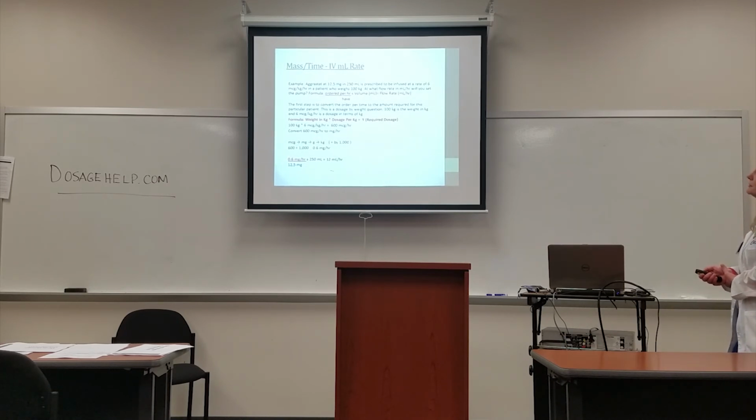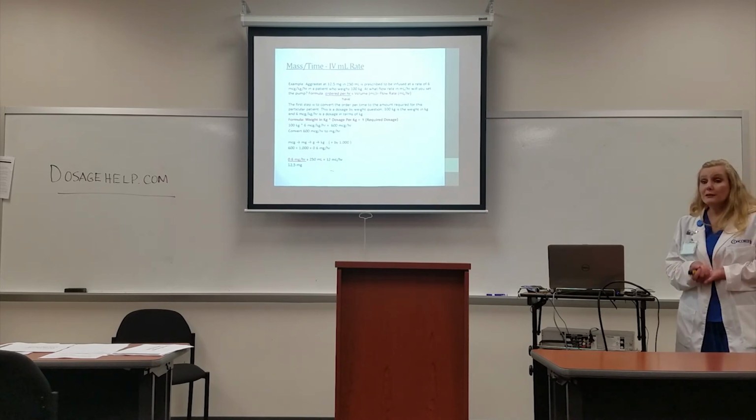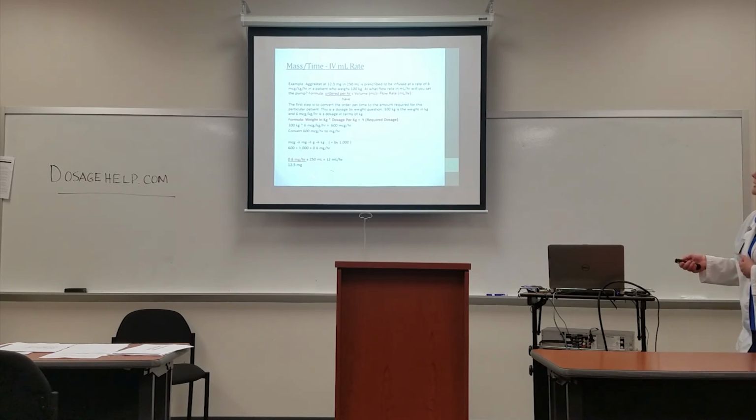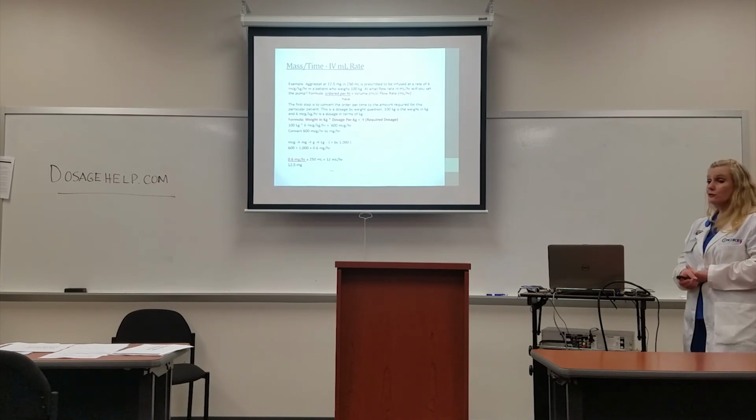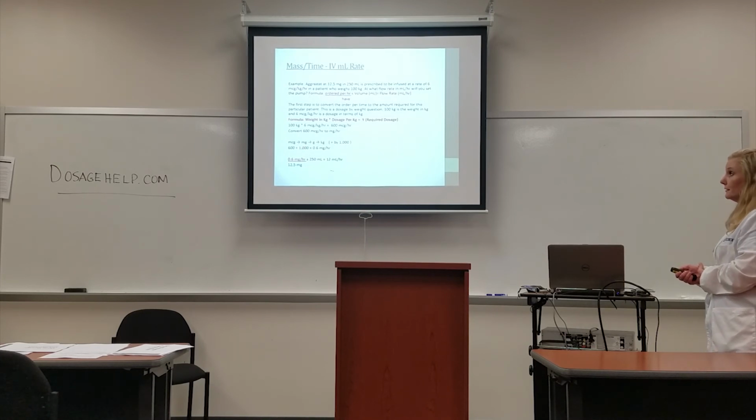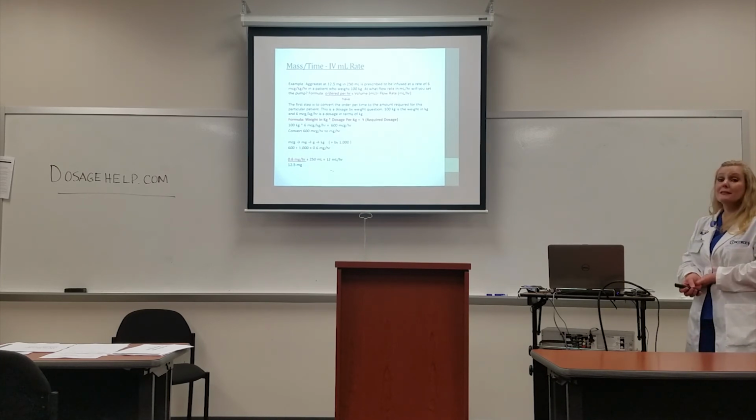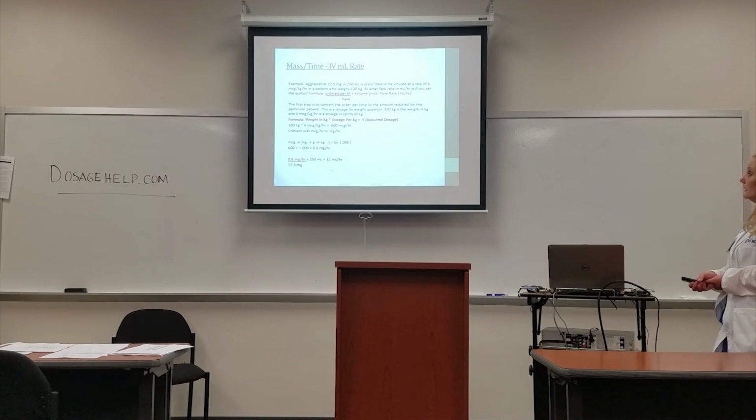So here's mics to milligrams to grams to kilograms. It's going to the left, so I'm going to divide, right? I'm taking 600 divided by 1,000, and I'm going to get 0.6. There's my little decimal point. I'm going to make sure I put my 0 in front, because if I don't, I might miss that there is a decimal point in the front.